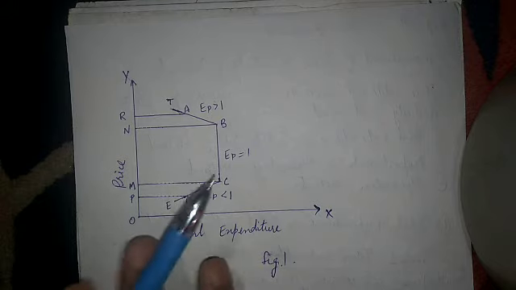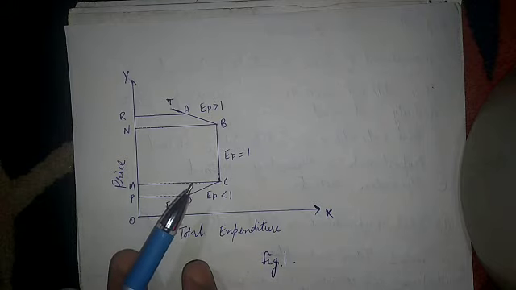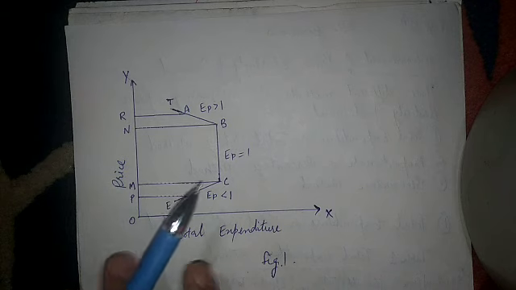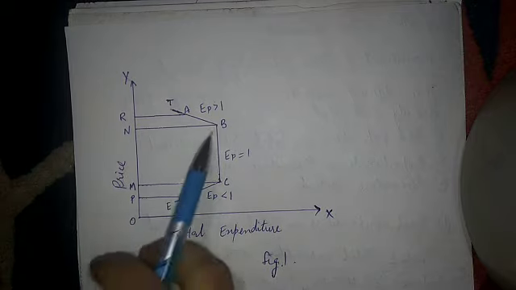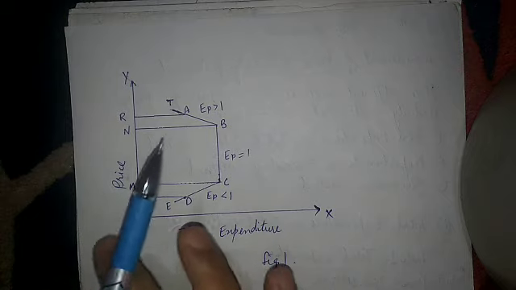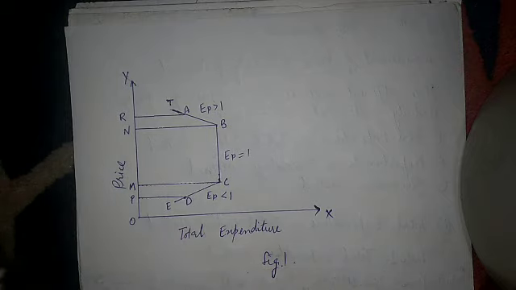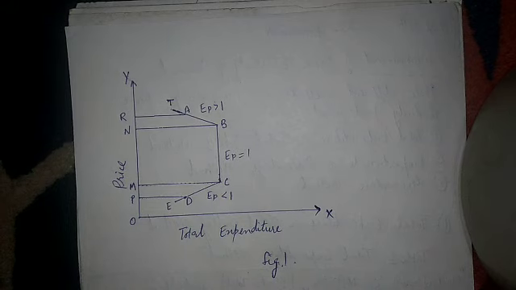There is no change in total expenditure, and it's the case of unitary elastic demand. When there is the same total expenditure, this part shows unitary elastic demand.